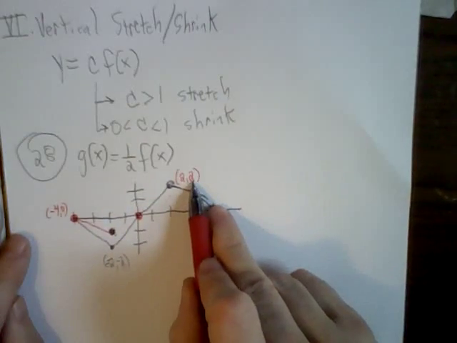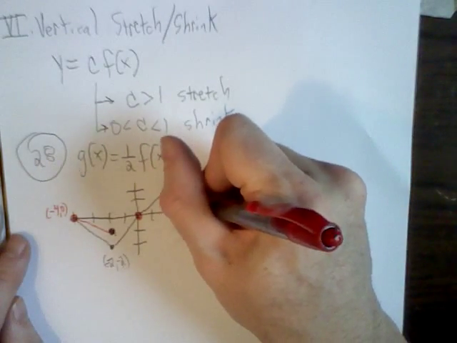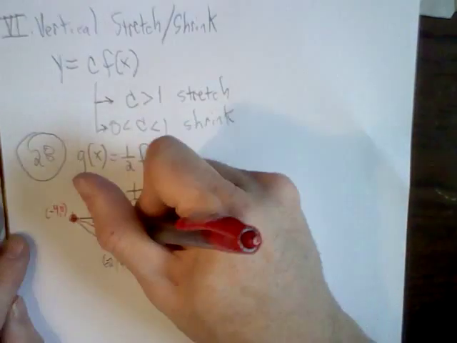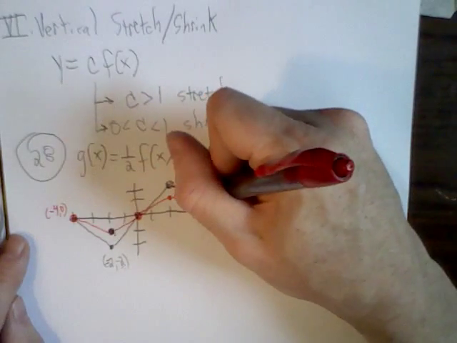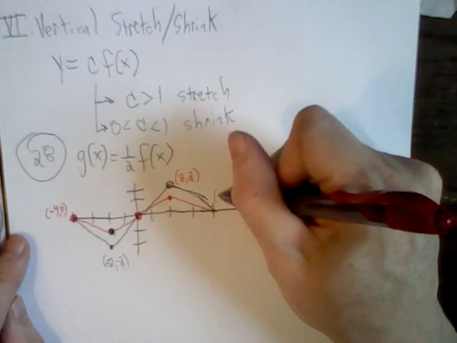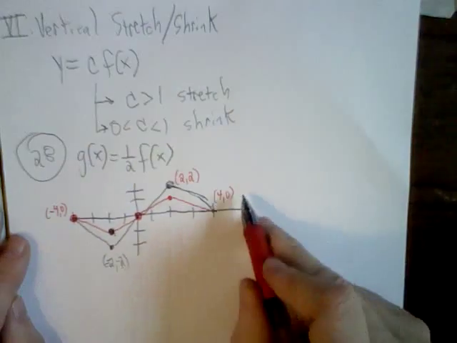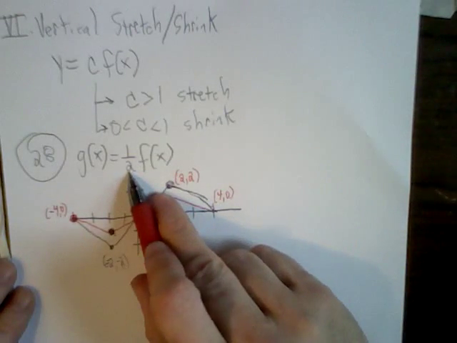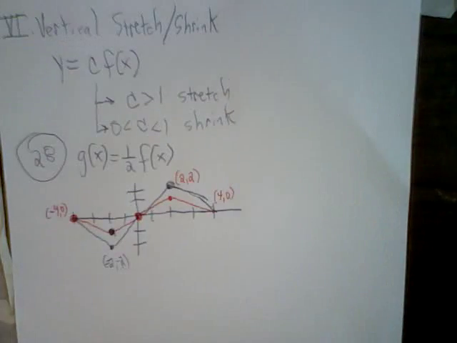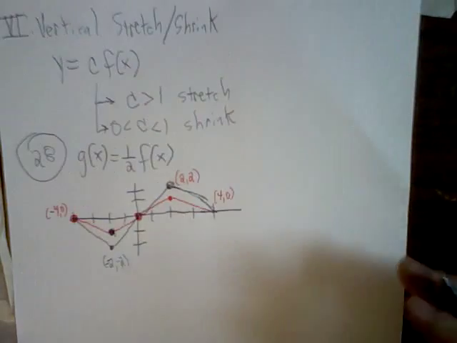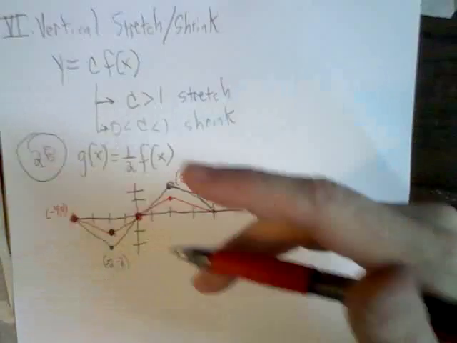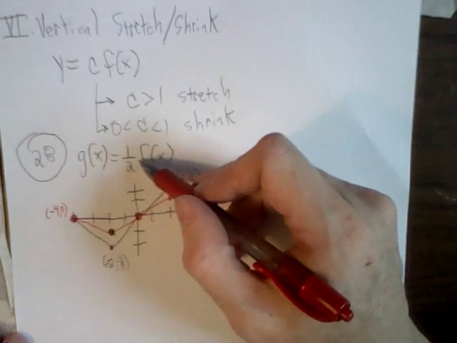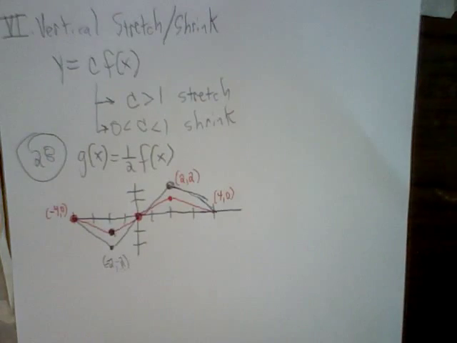When you multiply this coordinate by 1/2, you get 2, 1, which is right here. And then finally, this point is 4, 0. If you multiply 0 by 1/2, it's not going to move. So again, if you have a fraction, it's going to smush the graph down because it's cutting all of your y coordinates in half in this case.